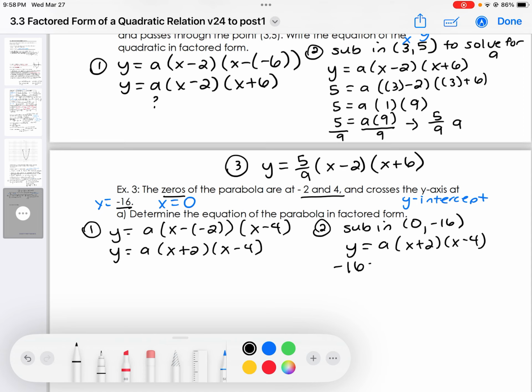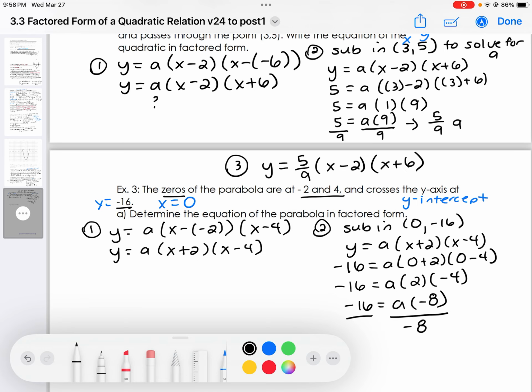Because yes, there's -16 for the y value, but now inside the brackets, x is going to be 0. Okay, which is pretty easy to deal with. 2, -4. 2 times -4 is -8. Divide the 8.